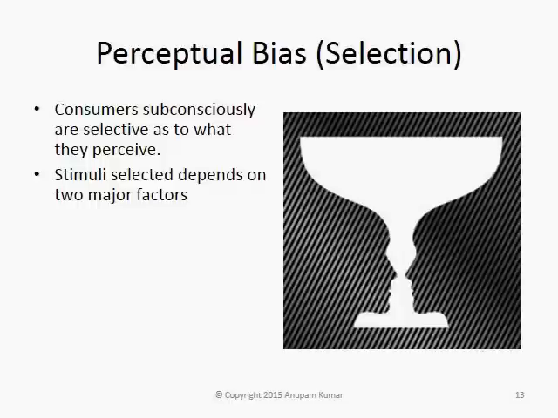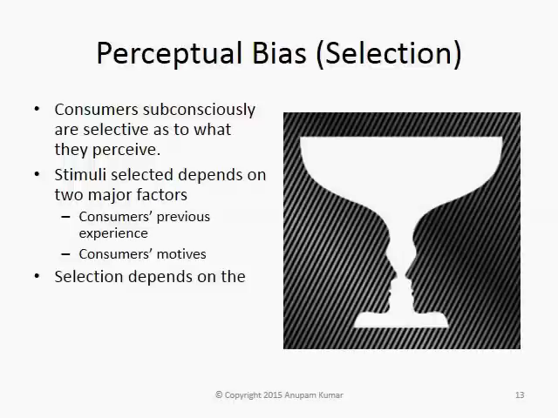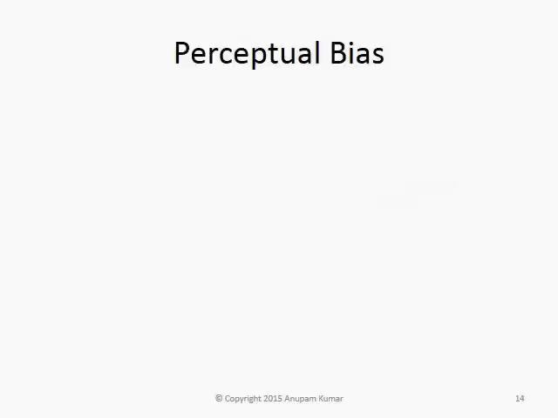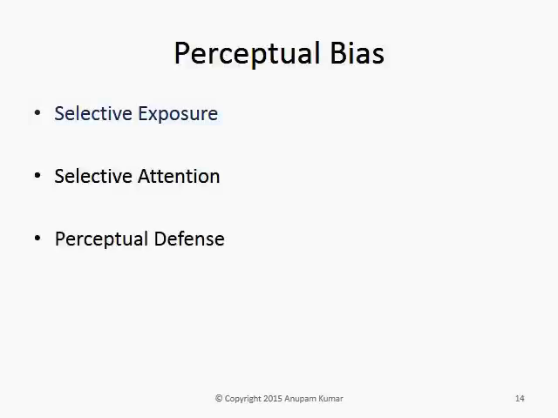Stimuli selected depend on two major factors: consumers' previous experience and consumers' motives. The selection depends on the nature of stimuli, expectations, and motives. While forming a perceptual bias, consumers show selective exposure, selective attention, perceptual defense, and perceptual blocking.